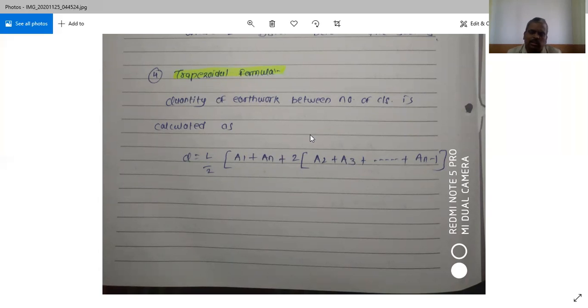That is A1 plus AN plus 2 into bracket A2 plus A3 and so on up to AN minus 1, the second last section. This method is easier than the prismatic method, because only 2 into the summation of all remaining areas is needed. This we have to remember.